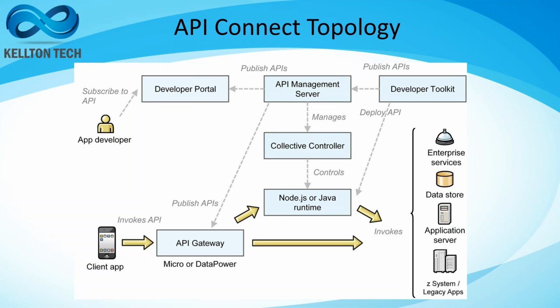The runtime is managed by the API collective controller, which in turn is controlled by the API management server. At the same time, the API with the product and the plan is published to the management server. The management server configures the API gateway with API definition and makes the API subscribable on the developer portal.